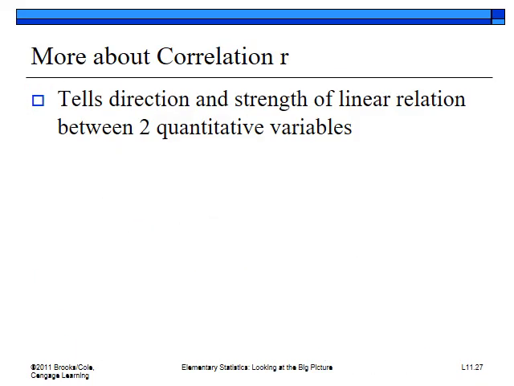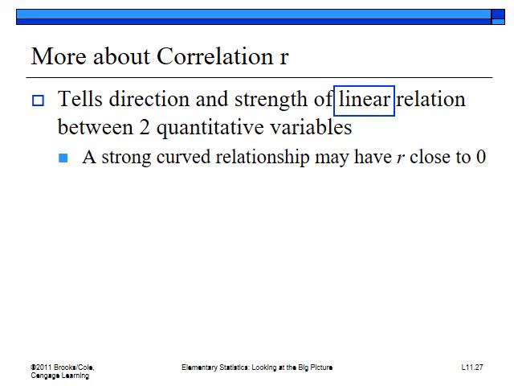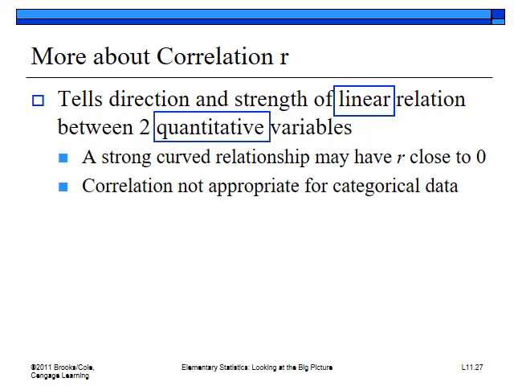Let's talk more about R. Remember that R tells the direction and the strength of the linear relationship between two quantitative variables. Remember that R only talks about the linear relationship. Two variables might have a curved relationship that's very strong, but R, which only measures linearity, would still be close to 0. We only use correlations when we're talking about two quantitative variables.